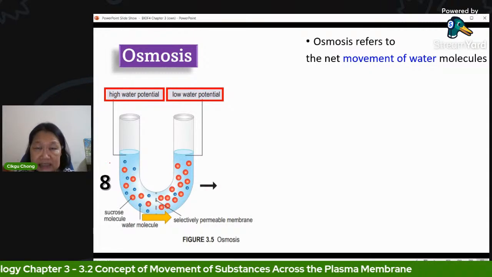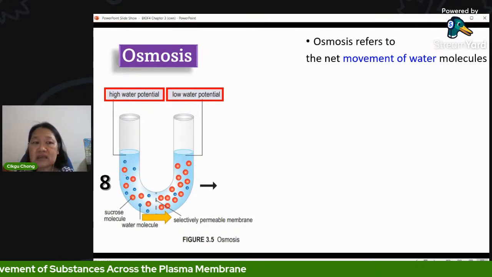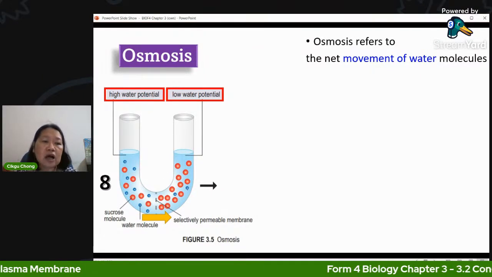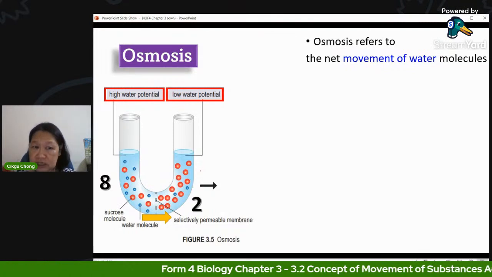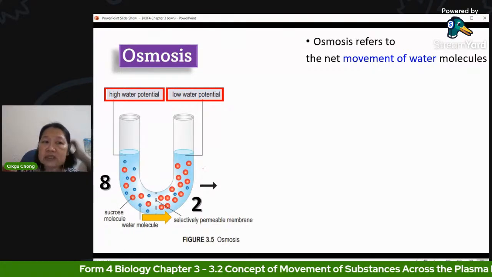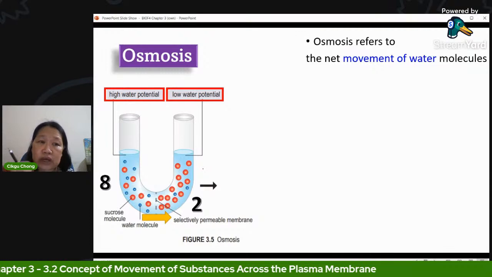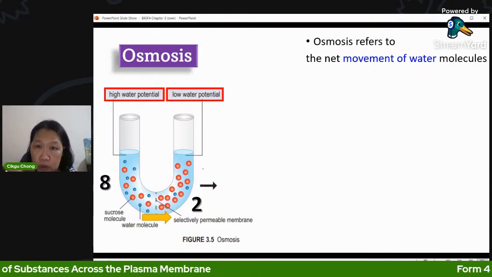Of course there'll be millions actually, this is just to compare, to let you have an idea. On the right-hand side, there are only two water molecules. So you'll see immediately which is the high water potential and which solution will have a low water potential. The 8 one is high water potential, the 2 is low water potential.